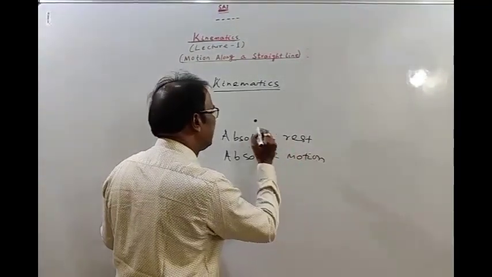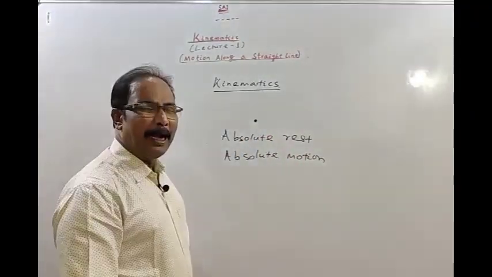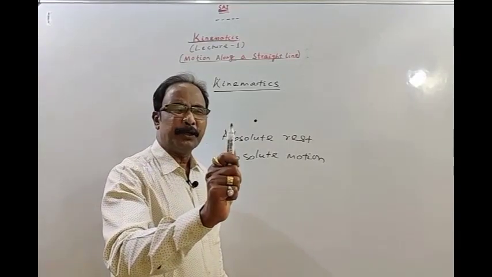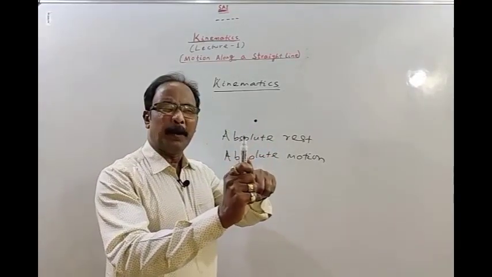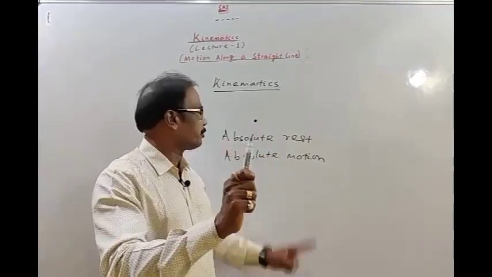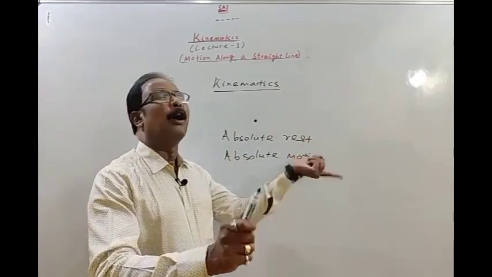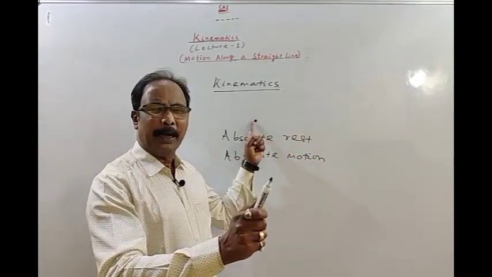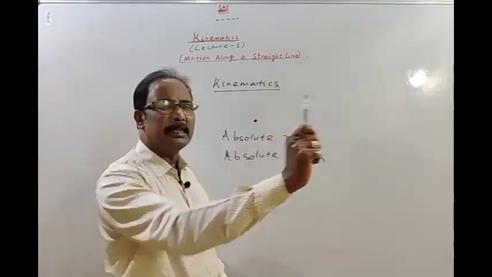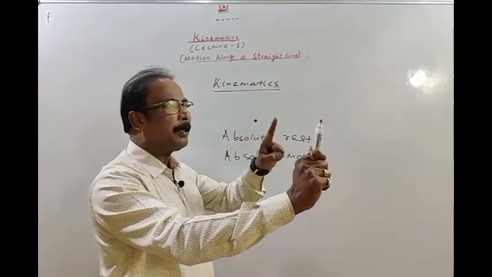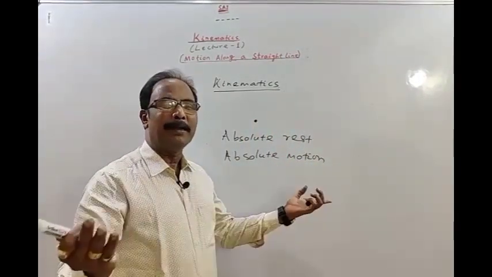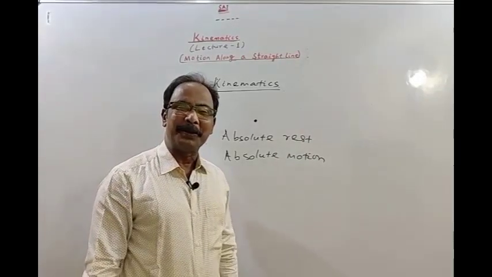If the reference point is actually at rest and a body doesn't change its position with respect to the reference point, then the condition of rest is called absolute rest. Or if the reference point is actually at rest and a body changes its position with respect to the reference point, then it is called absolute motion.